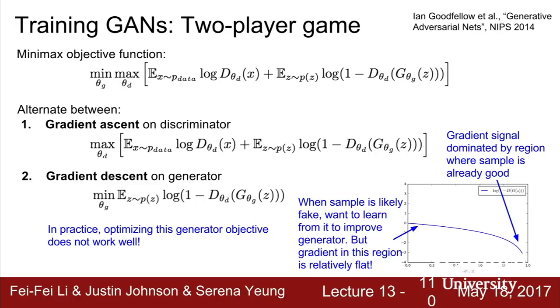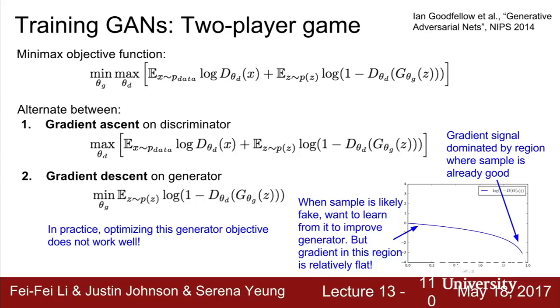But one thing that is important to note is that in practice, this generator objective, as we've just defined, actually doesn't work that well. And the reason for this is we have to look at the loss landscape. If we plot here 1 minus D of G of x, which is what we want to minimize for the generator, it has this shape here.